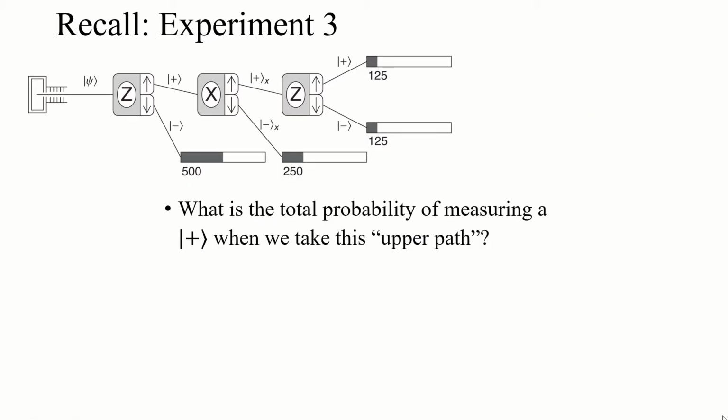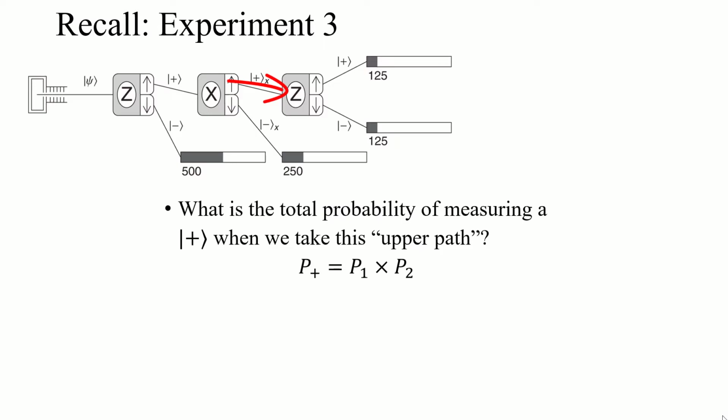So what's the total probability of measuring that spin up state after going through all these Stern-Gerlach analyzers? Well, we have 100% of our particles in that spin up in the z state after our state preparation. The probability of coming out of that x Stern-Gerlach analyzer, we'll call it P1, was 50%.